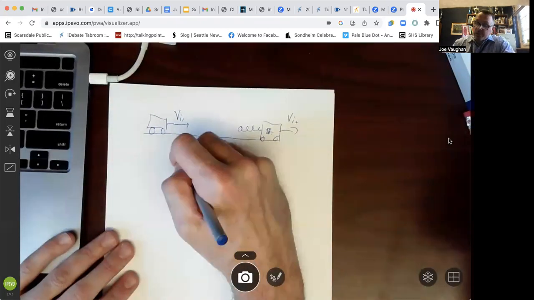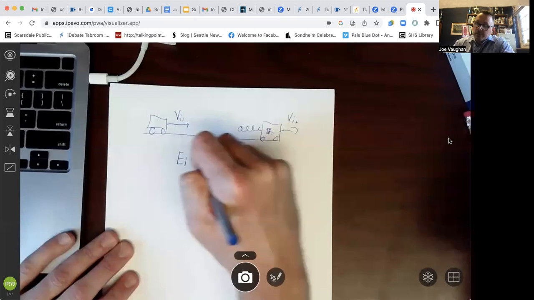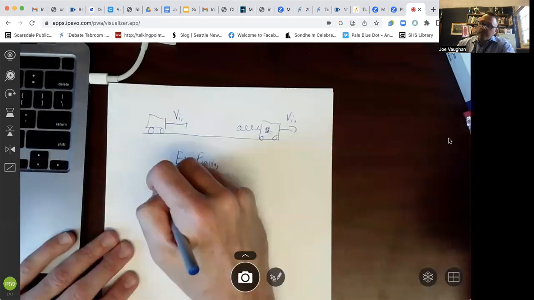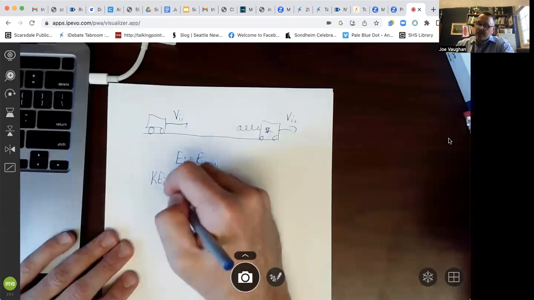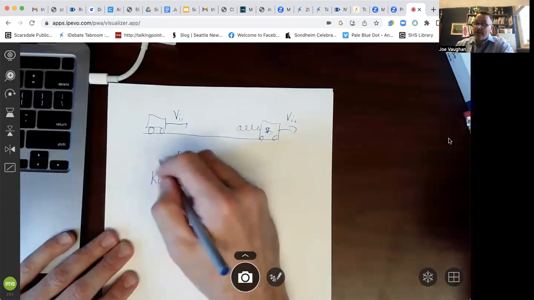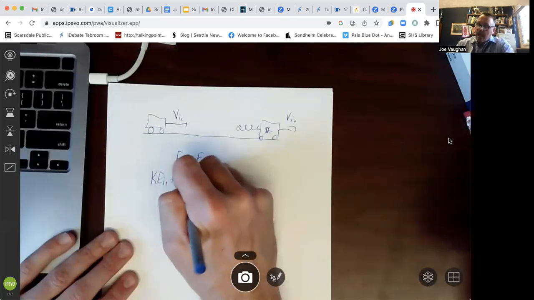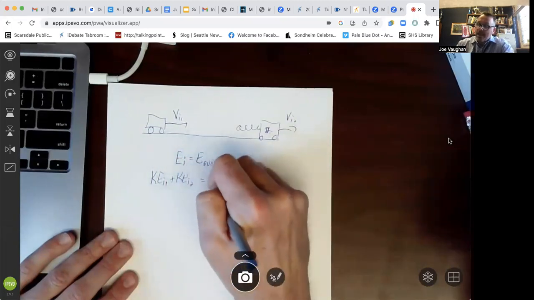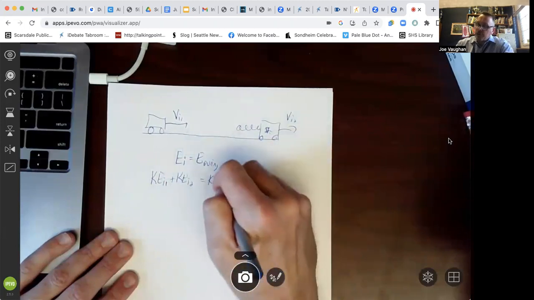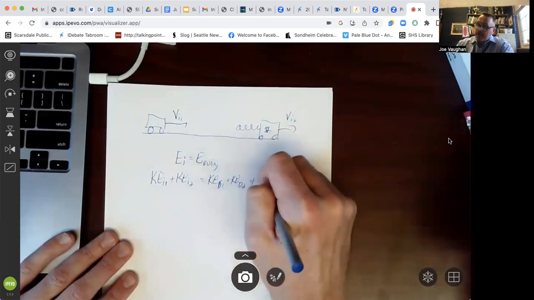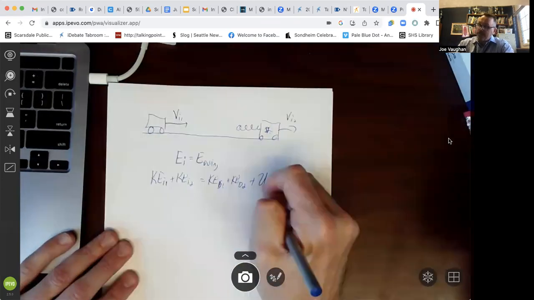But during the collision, energy initial is equal to energy during. What we have to understand here is before the collision, I have the kinetic energy KEI1 plus KEI2, which is going to equal KE during 1 plus KE during 2 plus spring potential energy, okay?